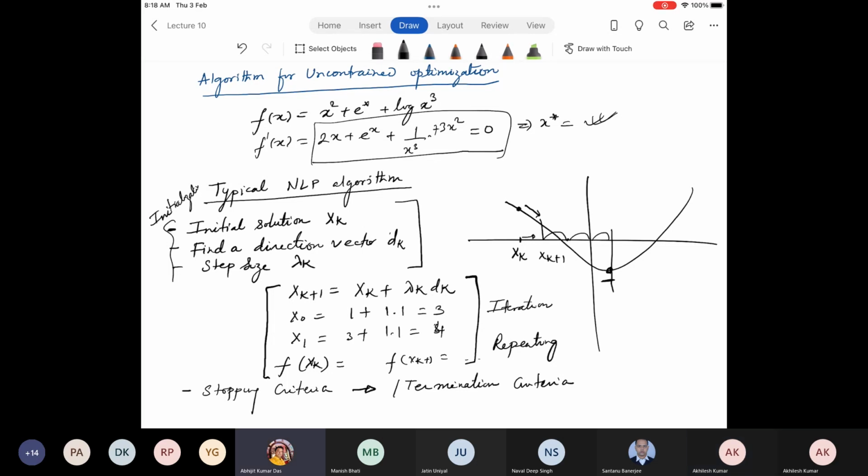It is very near to 0, with some value very close to 0, and if it is below that, then we can stop. What should that criterion be? One could be that every time you make a functional evaluation, you check if the difference is close to 0.